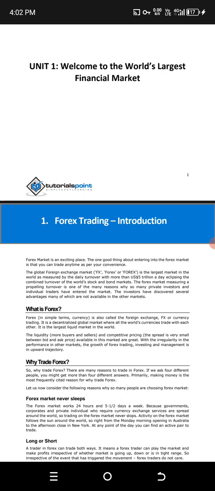For example, let's say I needed to pay for something in dollars, right? Let's say I want to buy something online and I need to pay for it in dollars. What do I do? I buy the dollars using what, the naira. So I give them the naira and I collect the dollars. So that's simply what forex is: foreign exchange of foreign currencies.